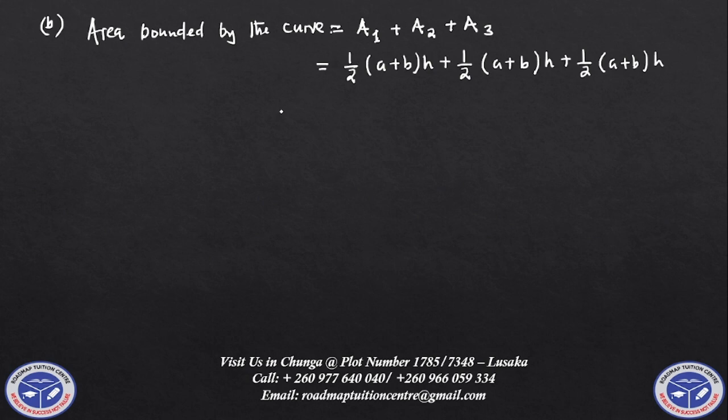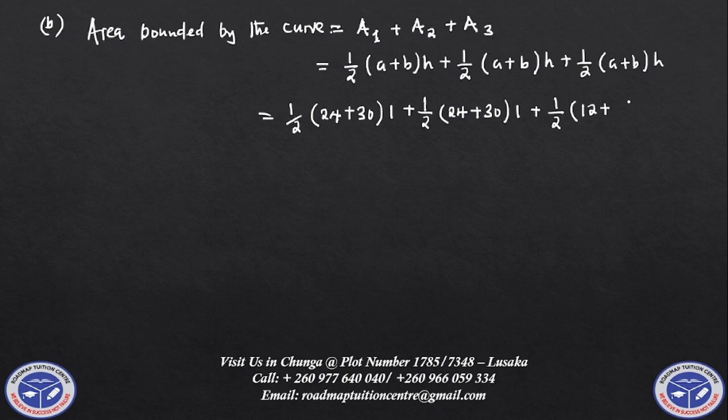We'll now say, half, our a on A1 was 24, our b on A1 was 30, then our height was 1. On A2, our a was also 24, then our b was also 30, then our height was 1. Then on A3, our a was 12, then our b was 24, multiplied by 1.